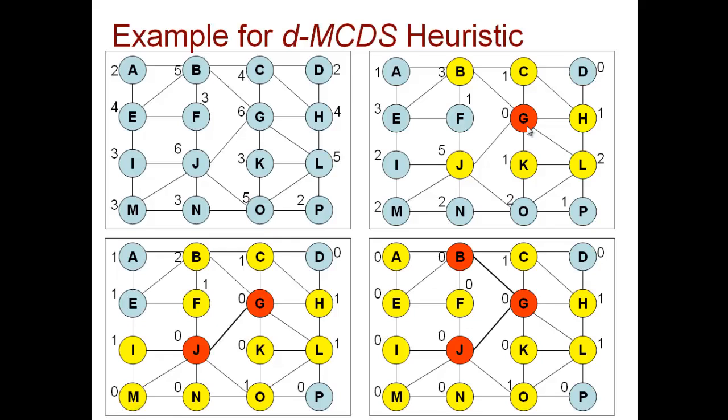Okay. So we say now the covered nodes, which are the 6 nodes, are the candidates for inclusion to MCDS in the next iteration, because you want a connected set of nodes that are part of this MCDS, so that the nodes are reachable to each other. So this is what we do.